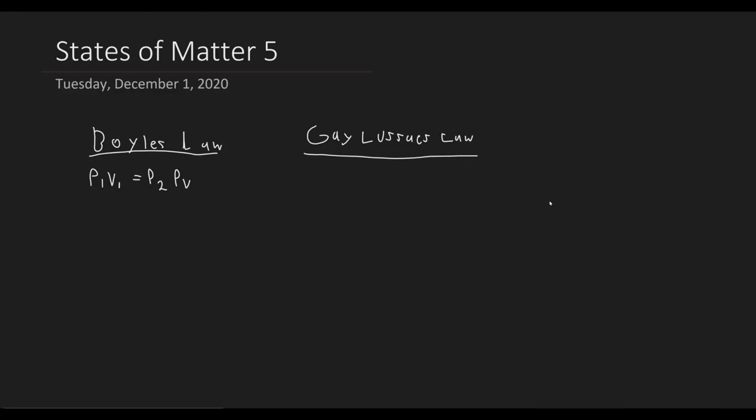And Gay-Lussac's law says that if you take the initial pressure divided by the initial temperature, we will get the secondary pressure divided by a secondary temperature. So that is Gay-Lussac's law.